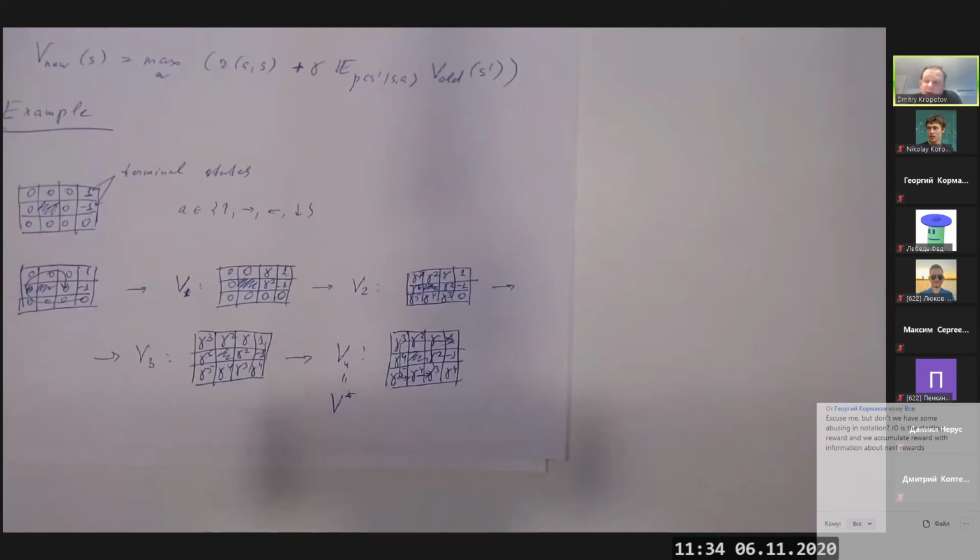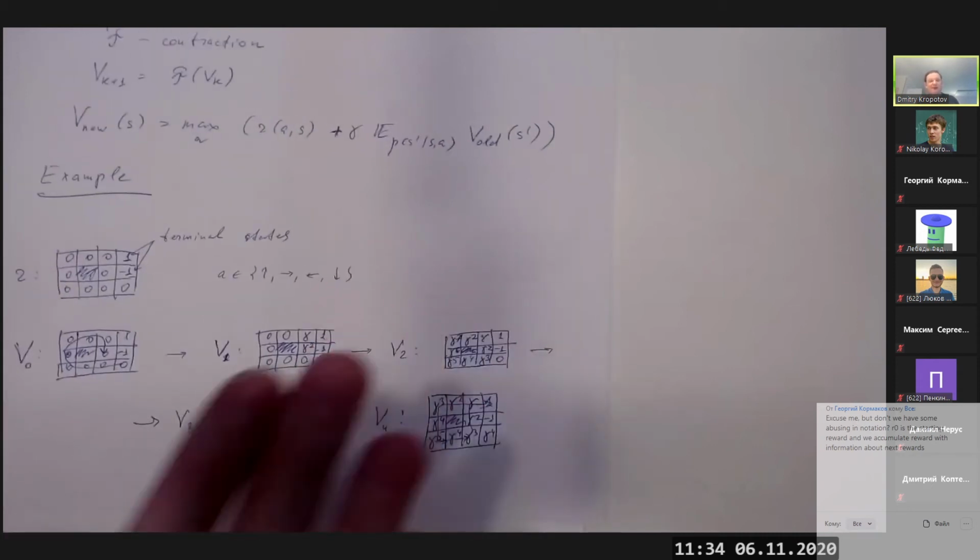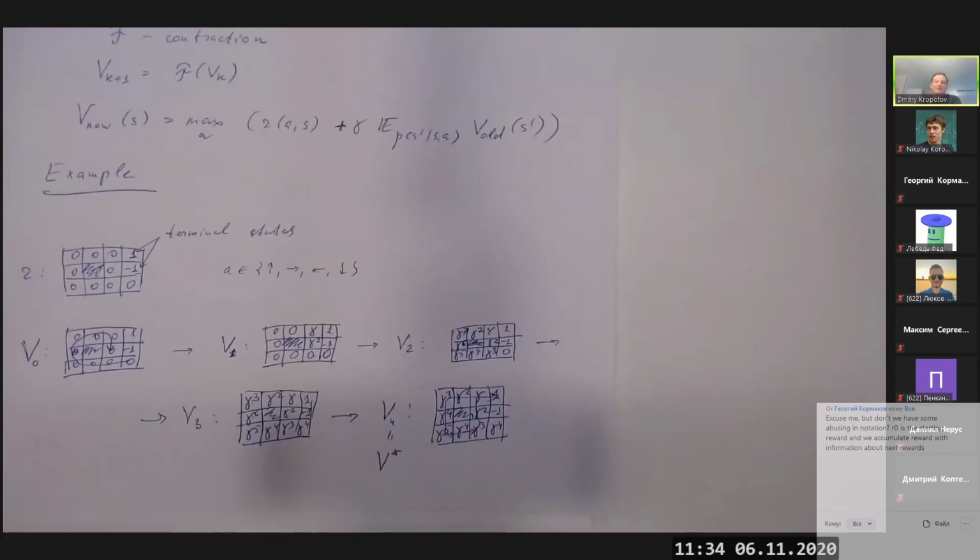These 2 ways actually have the same values, but the trajectories are different, and depending on the order you recalculate this argmax, your algorithm would choose either this or that trajectory.